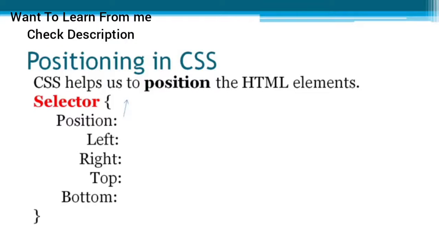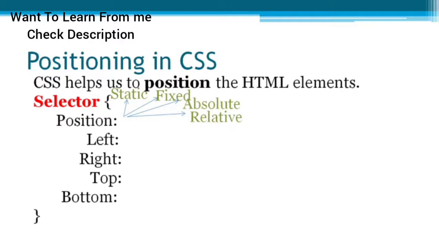Now for the position property, we have the value as static. Then it can also be given as the value fixed. The next value can be absolute, and the fourth value can be relative.